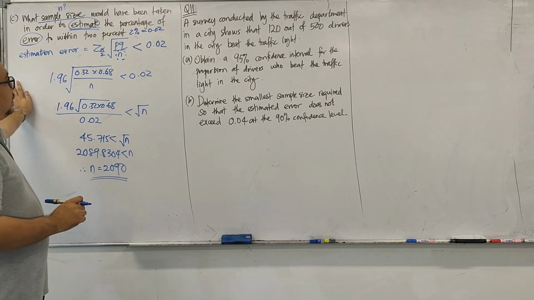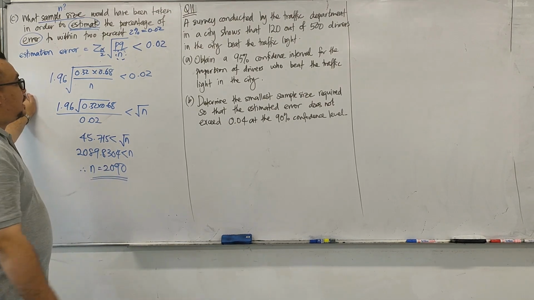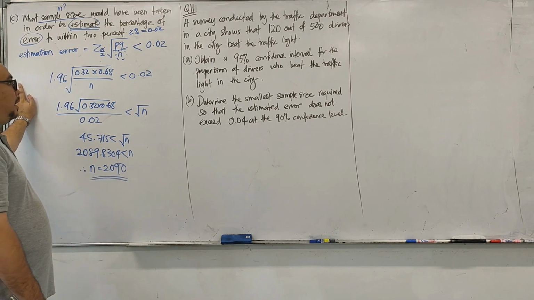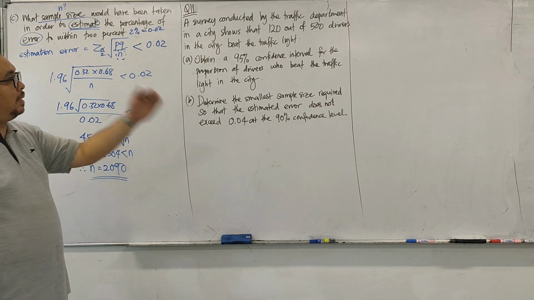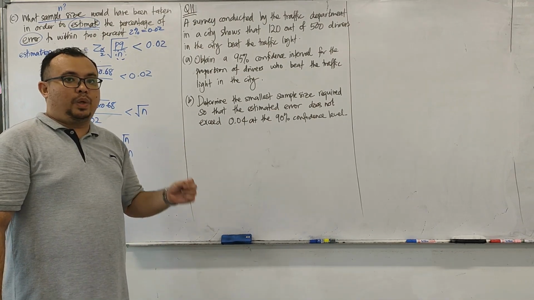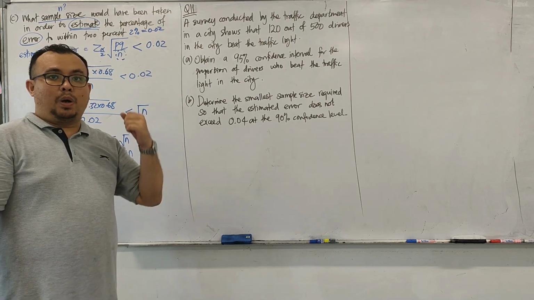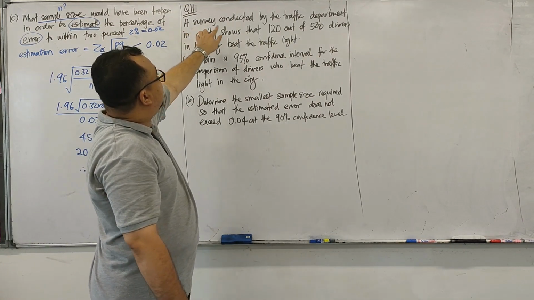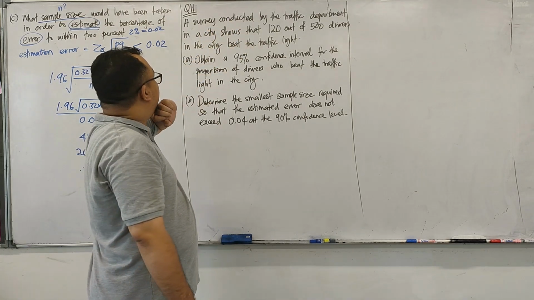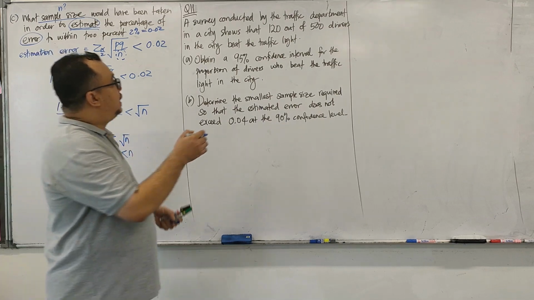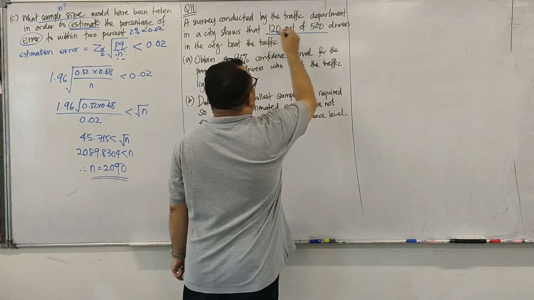error. Okay, so now let's look at one last example I took from checkpoint question number 11. Before you start answering the question, baca soalan betul-betul, fahamkan soalan sama ada you are working with proportion or mean. So this one, a survey conducted by the traffic department in a city shows that 120 out of 500.